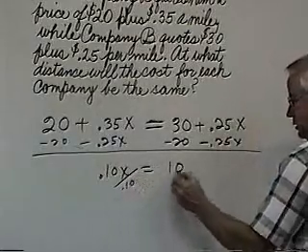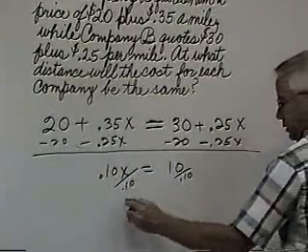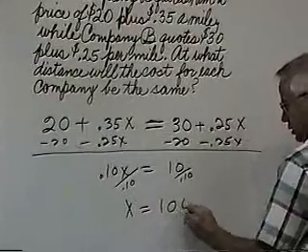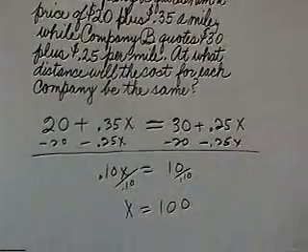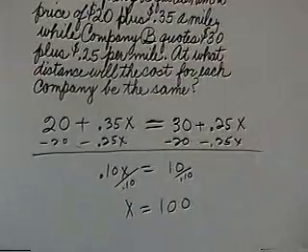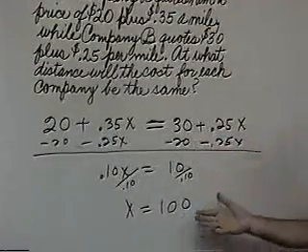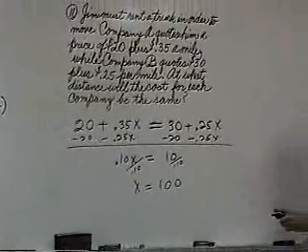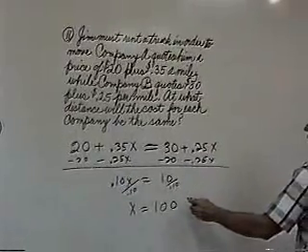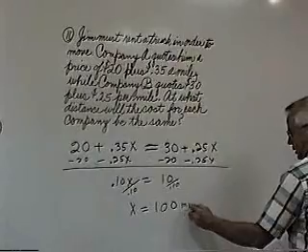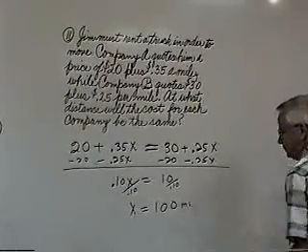Dividing both sides by that, we get x to be 100. And that's the answer. We only have one letter in the problem. We have found it. And so what does it represent? At what distance? So this is going to be miles.